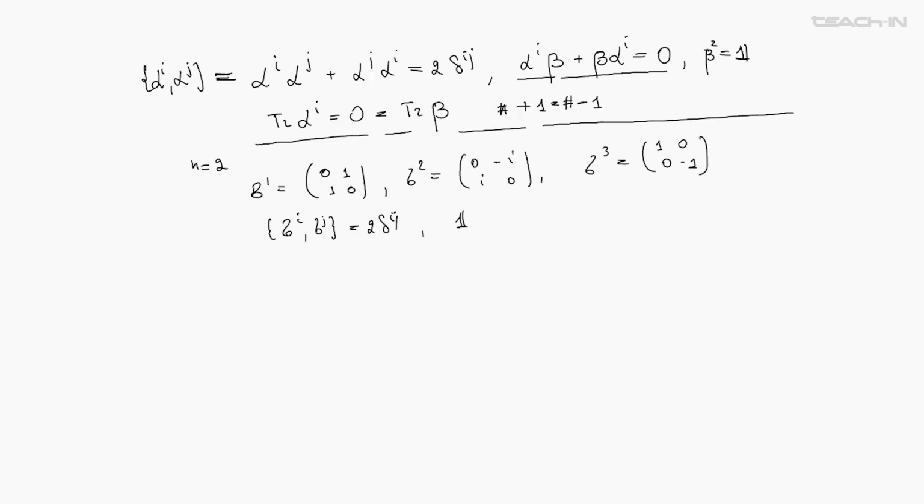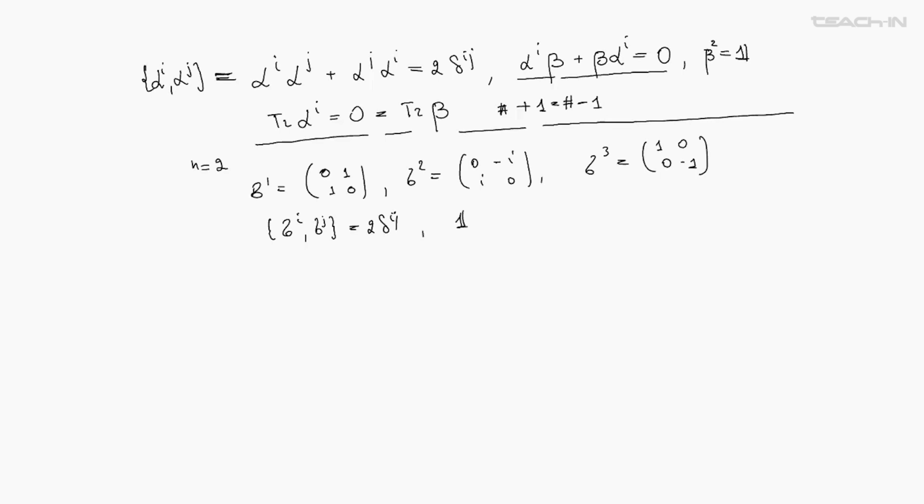And then the next trial would be to ask for such matrices in dimension 4. And indeed, it appears that the minimal dimension where one can construct the 4 matrices alpha i and beta with all these properties above is 4.